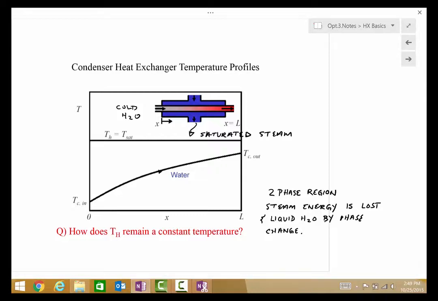So whenever we have a saturated or phase change process, that's actually a relatively simple case to analyze because we know what's happening in terms of temperature for that phase change system.